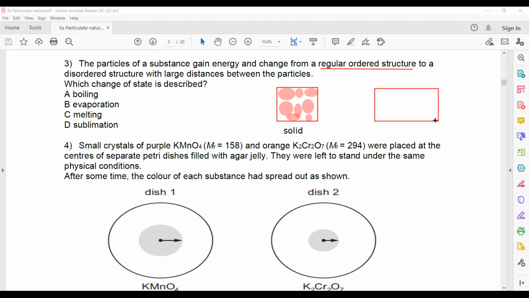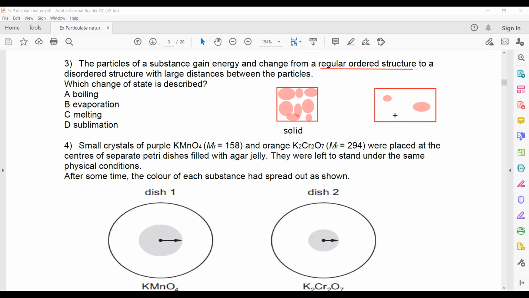A disordered structure can be a liquid or a gas, because both liquids and gases do not have a regular structure, but they mention large distances between the particles.